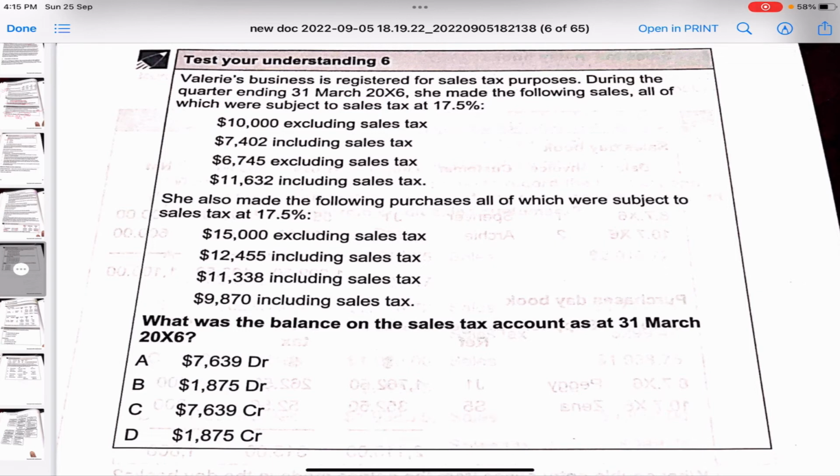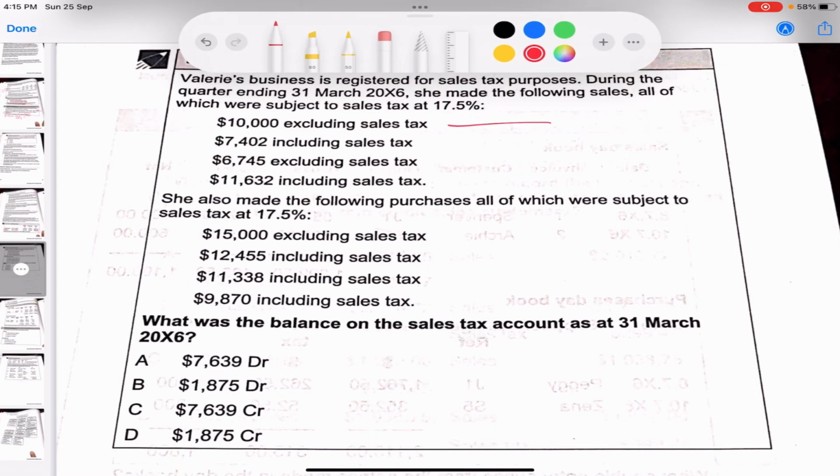Now, how are you going to go about this? Tell me. First, you are going to calculate the tax for each item. You know the formula, and then you will add it. This will be nothing but the sales.